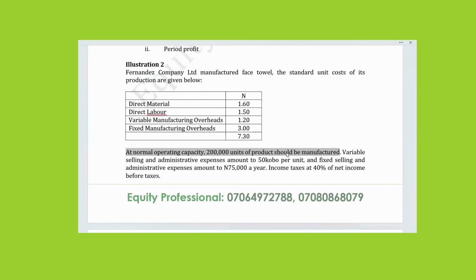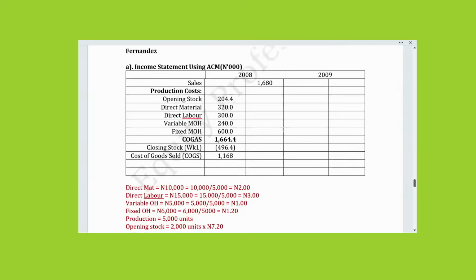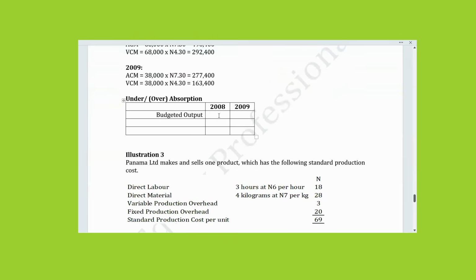The company plans to produce 200,000 units. So we want to compare the units produced versus the budgeted output, whether it will result in under or over absorption. Okay? So budgeted output is 200,000 units. In 2009 it is the same thing, 200,000.